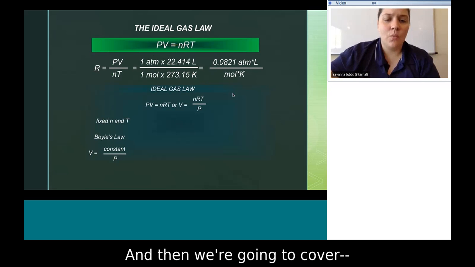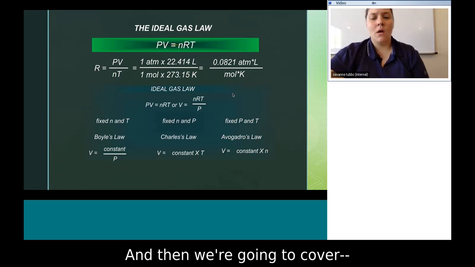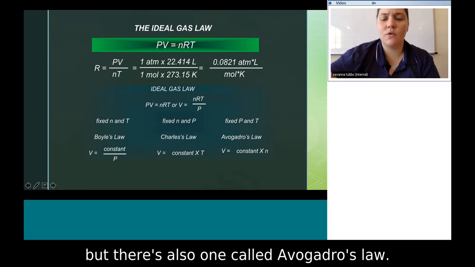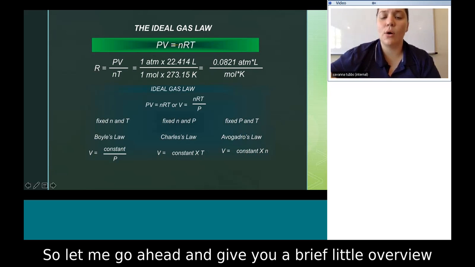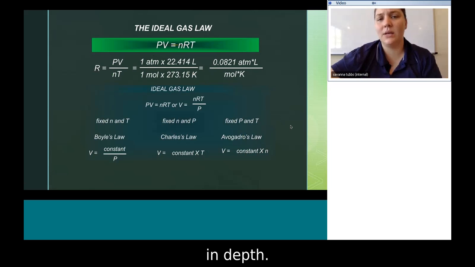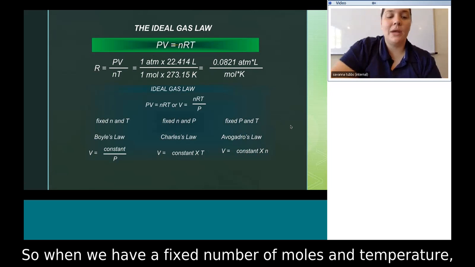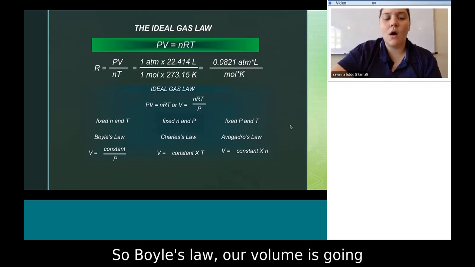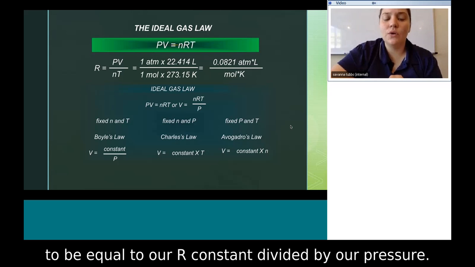And then we're going to cover in depth Boyle's law and Charles' law, but there's also one called Avogadro's law. So let me go ahead and give you a brief overview of all three, and then we'll go into Boyle's and Charles' a little bit more in depth. When we have a fixed number of moles and temperature, we can find Boyle's law. So for Boyle's law, our volume is going to be equal to our constant divided by our pressure.